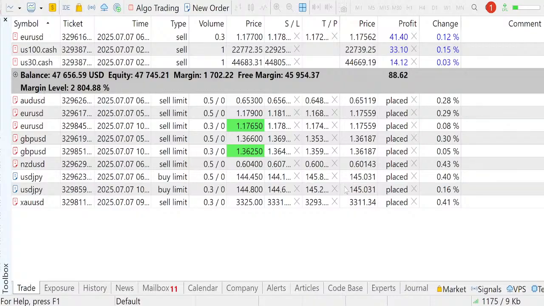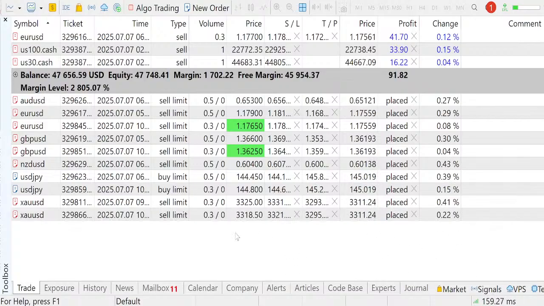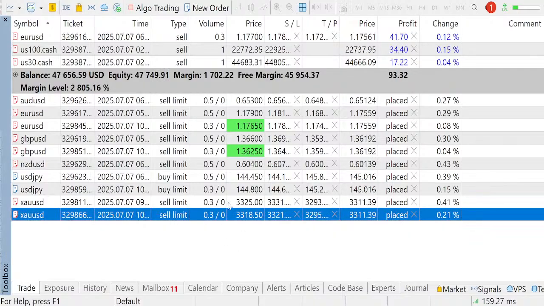18 half, 22, we'll put it as 22, 3322 or 21.8. We put it as 21.8 and 3295. This one I think we'll put as a day order. So we have two orders.